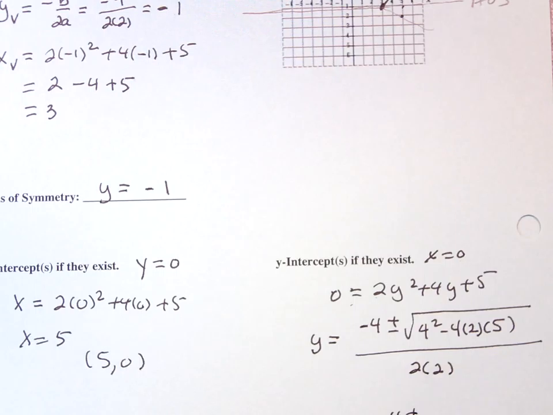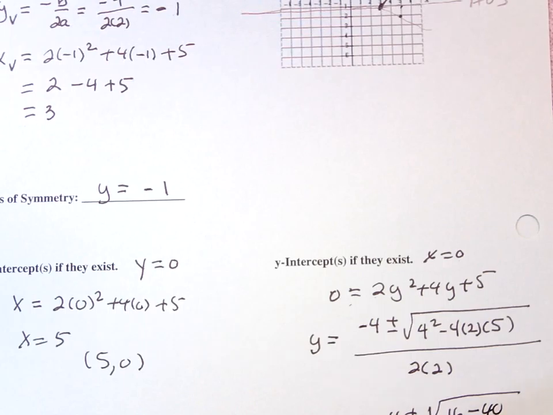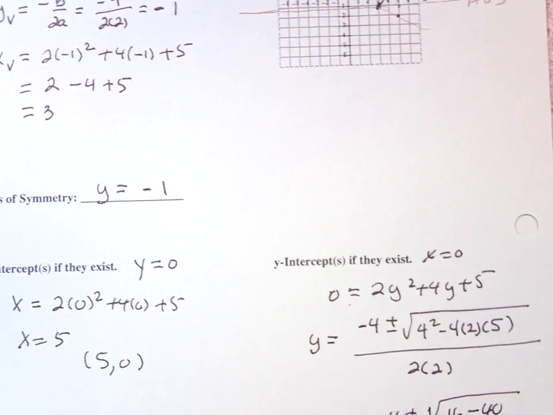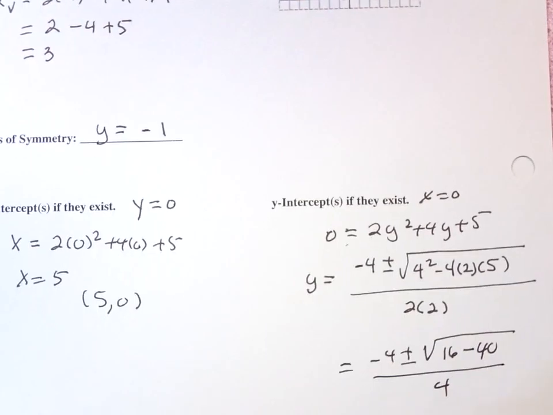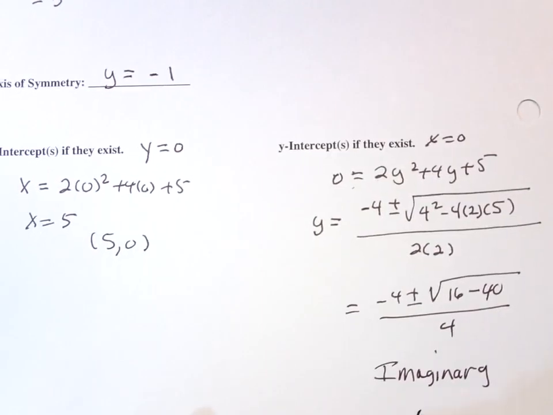This is going to be 16 minus 8 times 5 is 40 all over 4. And what you do notice is that these are imaginary. That's why we don't have any. So there's none.